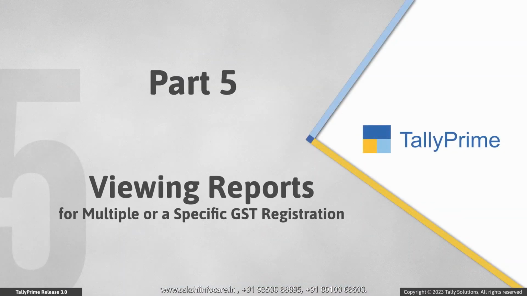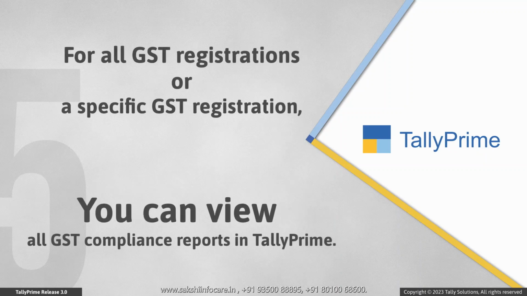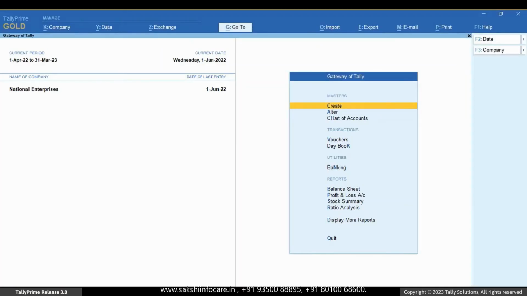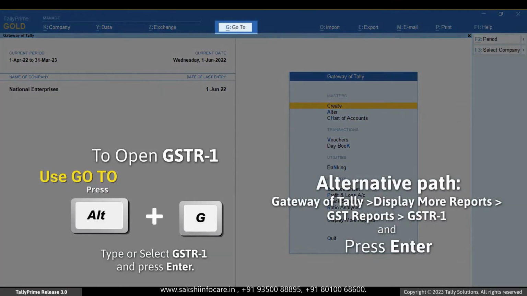Now, let us see how GST reports work with respect to multiple GST registrations. You can view GST compliance reports such as GSTR1, GSTR3B, GSTR2A and Annual Computation Report for a specific registration. Open GSTR1. Press Alt+G.